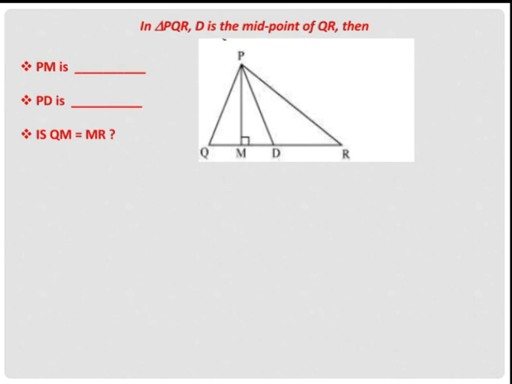Now let's take some example. In triangle PQR, D is the midpoint of QR, then what is PM and what is PD? Is QM equal to MR?